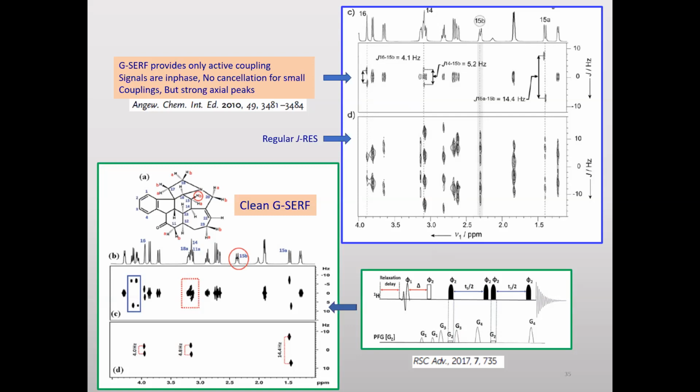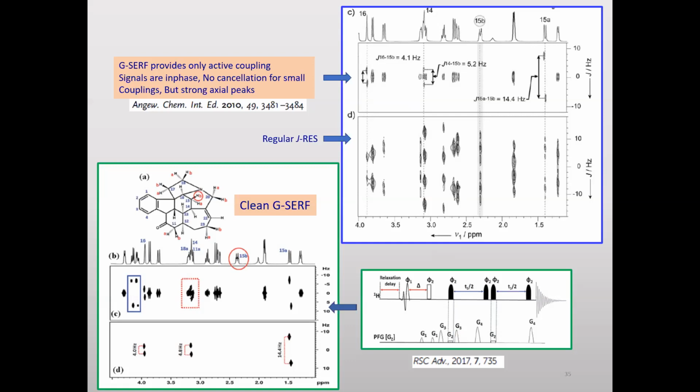At zero frequency along the F1 dimension, you can see very strong, intense singlets. And it provides a very nice site-specific measurement of the couplings. For example, the coupling between 15B and 15A is measured at the chemical shift of 15A, and similarly between 15B and 16 is measured at the respective chemical shift of 16.